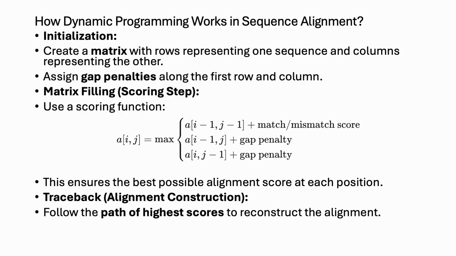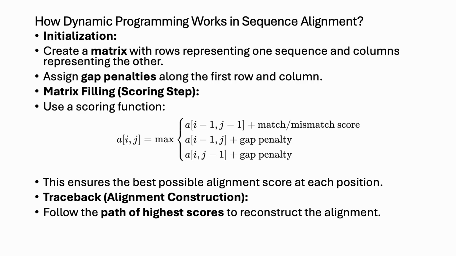The scoring function used is, for example, A(i,j) equals the maximum of A(i-1,j-1) plus match or mismatch, A(i-1,j) plus gap penalty, and A(i,j-1) plus gap penalty. This formula ensures the best possible alignment score at each position.